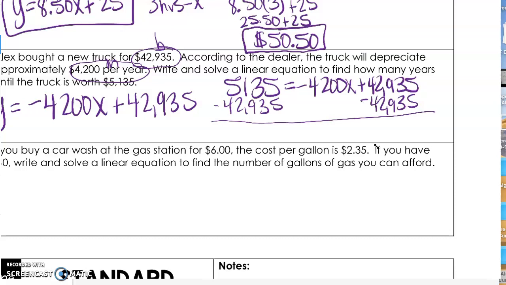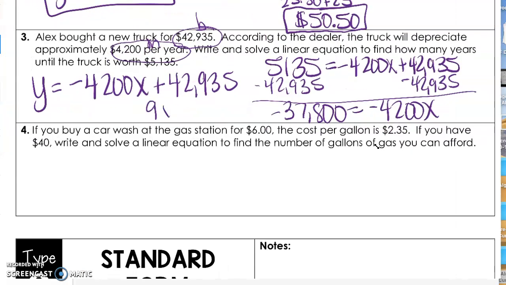It gives us negative 37,800 equals negative 4,200x. Then I need to divide by negative 4,200, and I end up with 9. So my final answer is 9 years. Make sure you have a label to answer the question. So in 9 years, the truck will be worth $5,135.